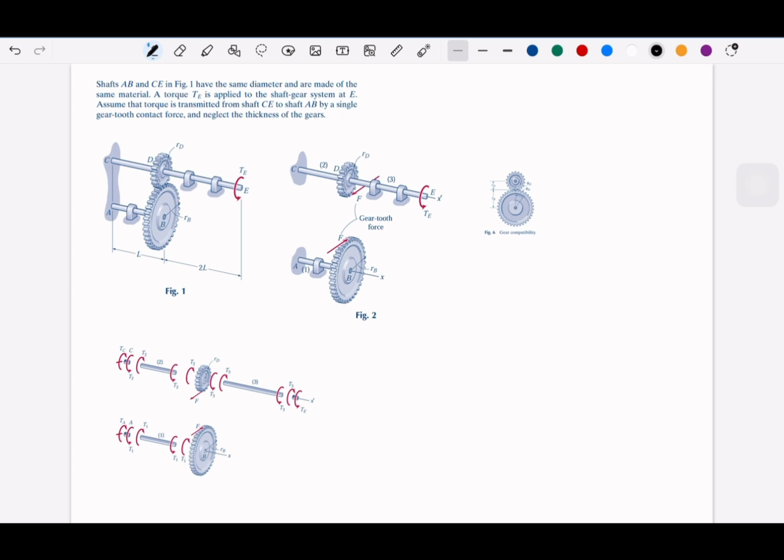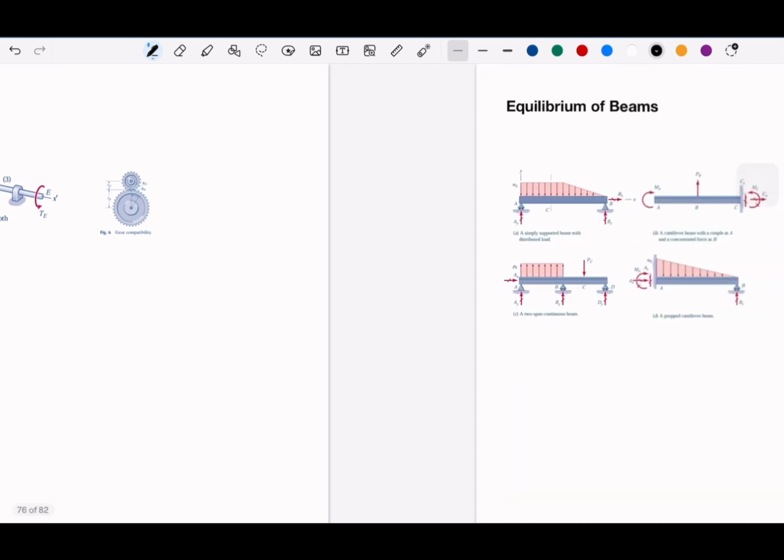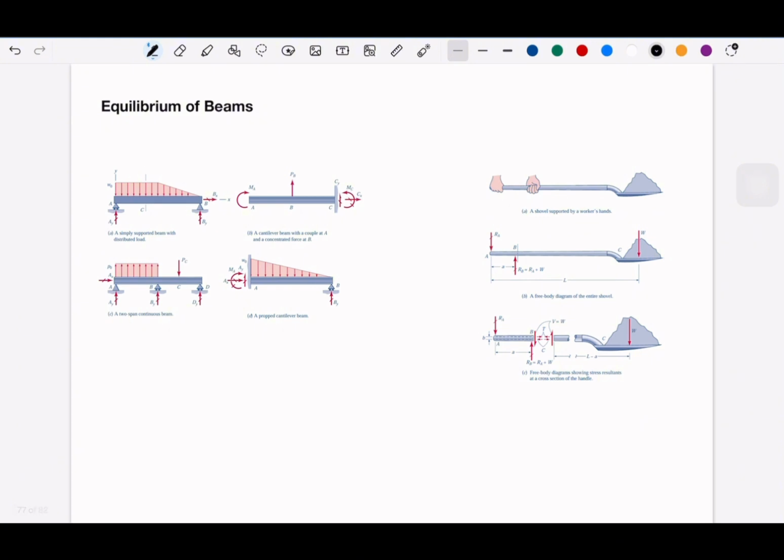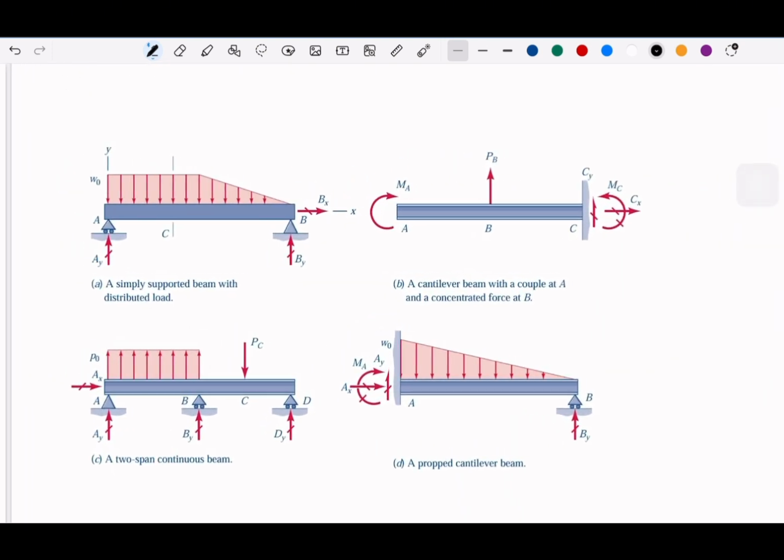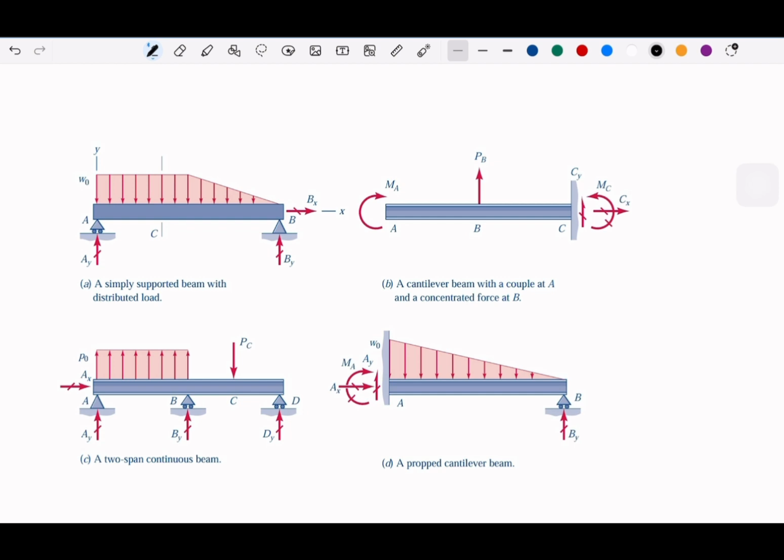What we are expecting to learn in equilibrium of beams is basically, for example, here we have different kinds of beams with distributed loads and simple loads. We have a beam called a cantilever beam, which has a fixed end. So this is the fixed end, so it's a cantilever.